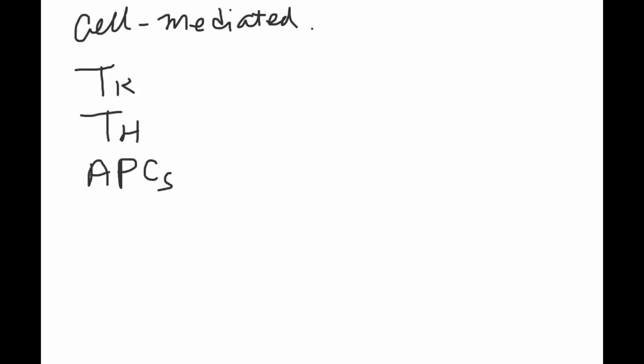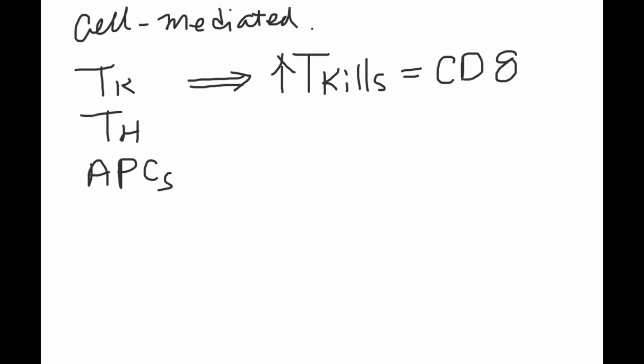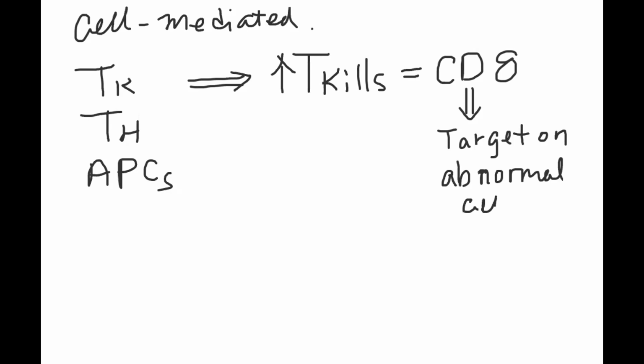The bottom line is you want to make a lot of this specific type of T killer cells. This is also called the CD8 cells. And then directly target abnormal cells. Does that make sense?